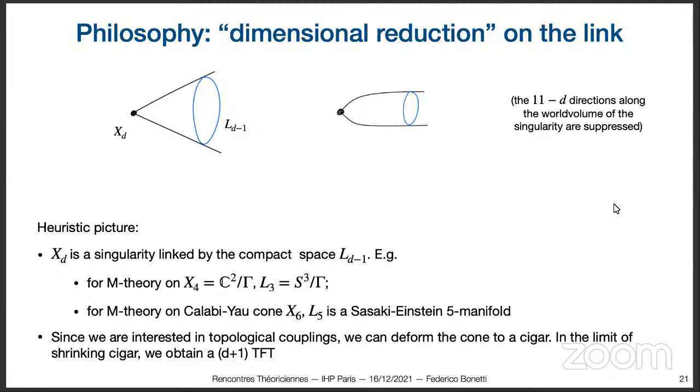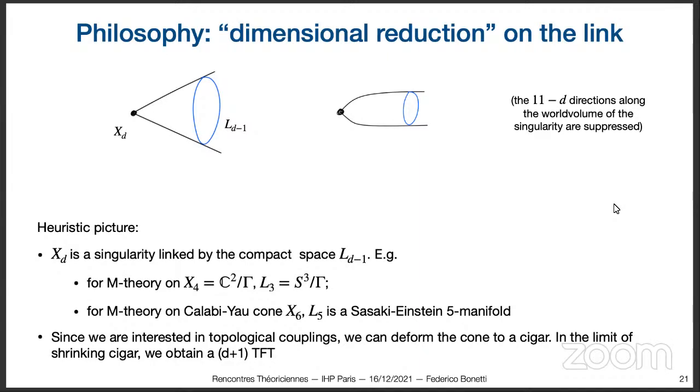And then we can even imagine a limit in which the size of the cigar collapses, and we're literally left with something that lives in one dimension higher. So this would be a heuristic way of arguing that what we should do is to start with our 11-dimensional supergravity and reduce it on the link, a la Kaluza-Klein.